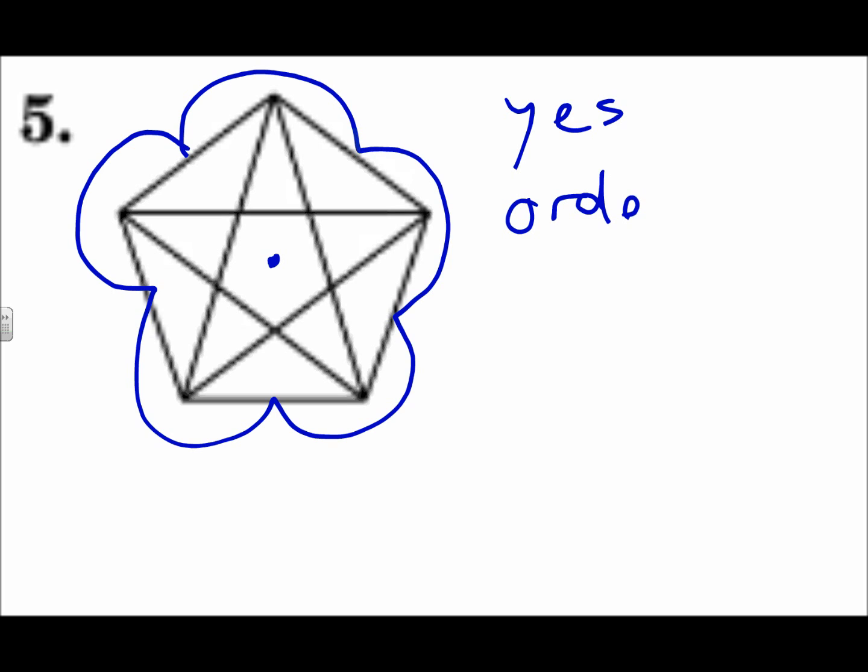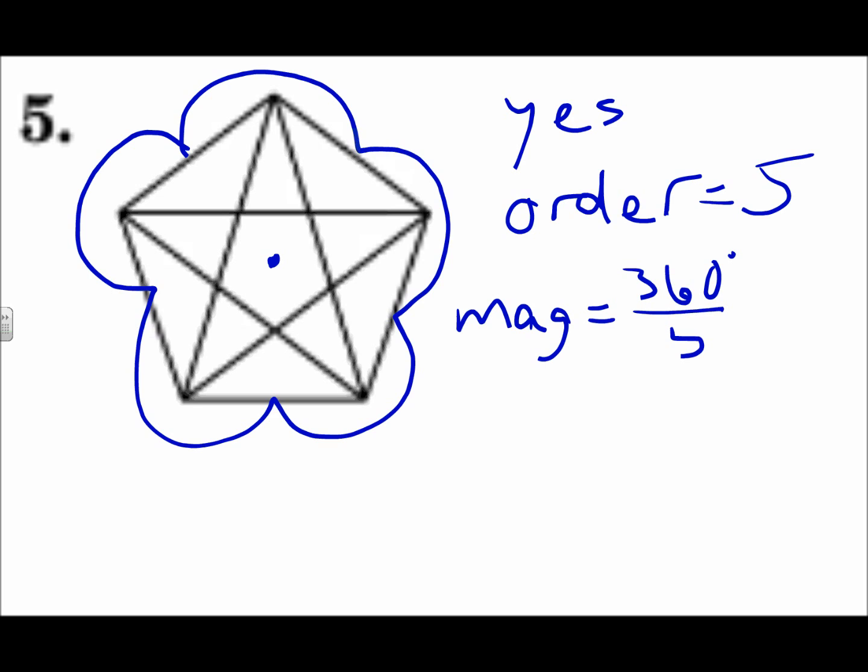So the order is 5. The magnitude is the number of degrees it takes to map onto itself, and that is found by 360 divided by the order, and that'll be 72 degrees.